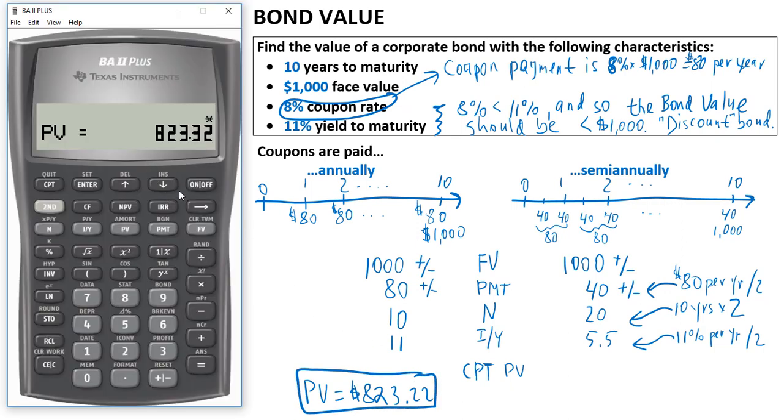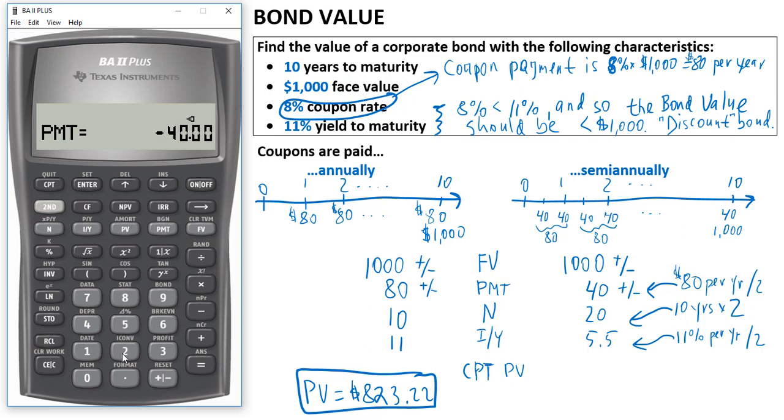In the second case, with the semi-annual coupons, let's clear everything. I press second plus minus to reset it and then enter. With the semi-annual coupons, only the future value, the face value, remains unchanged. So 1,000 negative FV. Then my payment is now only 40. I press 40 negative PMT.